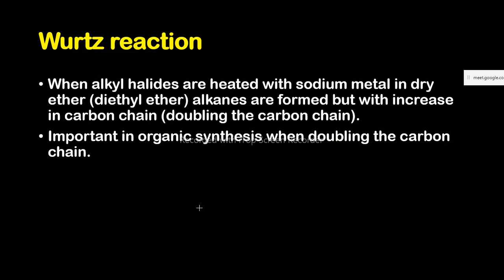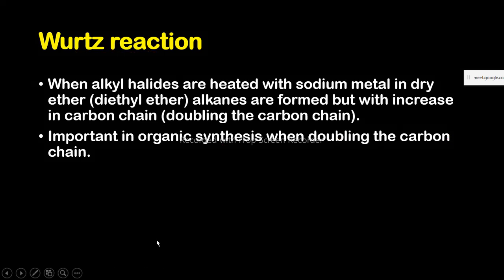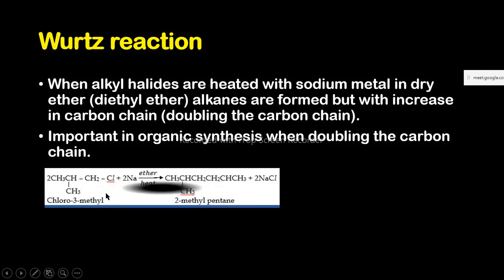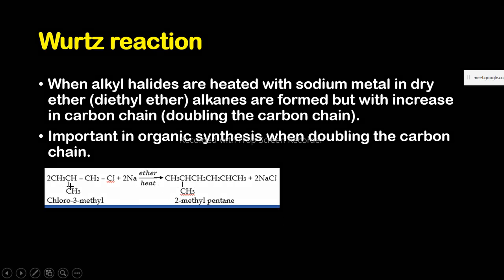Is that okay, everyone? Yes. So let's have a look at this one, CH3. Now there is something missing here. This is wrong. On carbon 2, we have a methyl group. So even this side on carbon 2, there must be a methyl group. So this is CH3, CH3.